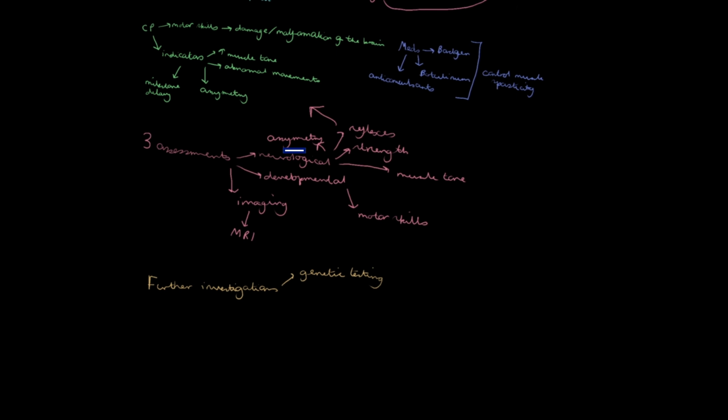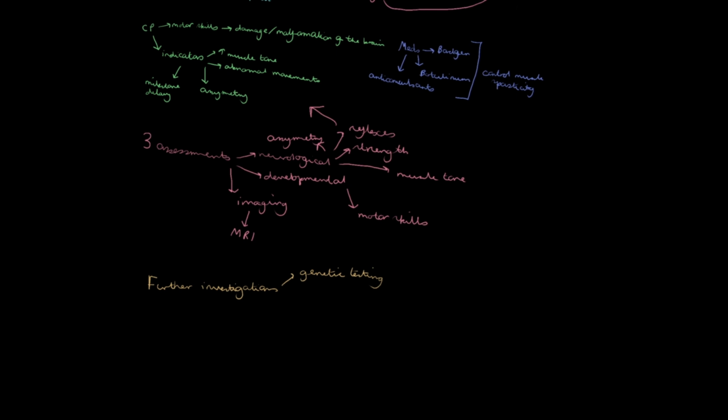Asymmetry, or favoring one side, which we know in this child is the case. And if the outcome of this assessment indicates abnormal movements or reflexes and asymmetry, that would suggest a diagnosis of CP.